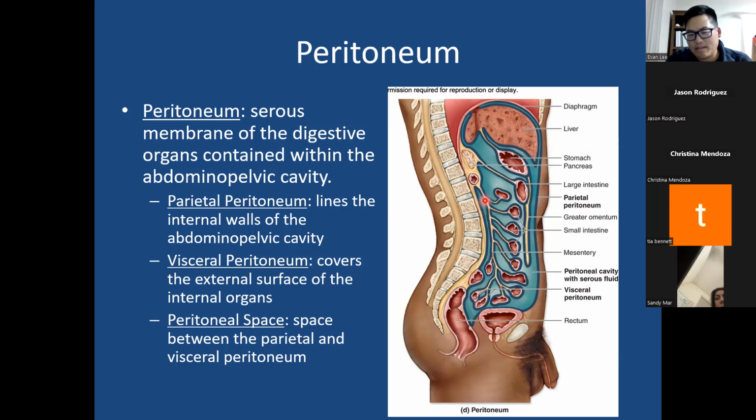You have these double layers here, which are just extensions, allowing the organs to hang a little bit further. But don't worry, we'll talk about that later. For now, you can see that you have a parietal, a visceral, and a space. So in this case, it's parietal peritoneum, visceral peritoneum, and then peritoneal space.